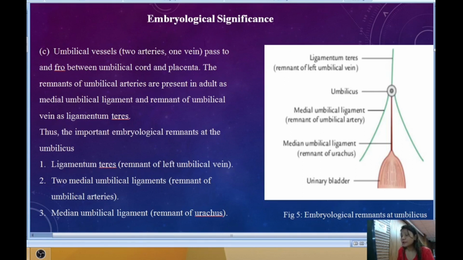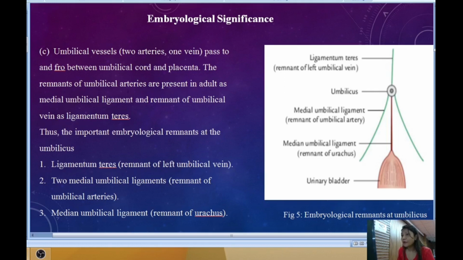What is the embryological significance of the umbilicus? In the umbilical cord we have two arteries and one vein, which pass between the umbilical cord and placenta. The remnant of the umbilical arteries in the adult is the medial umbilical ligament. Mind you, it is medial, not median.